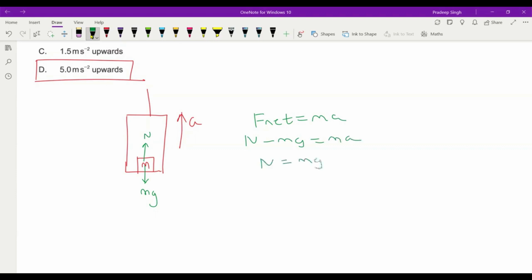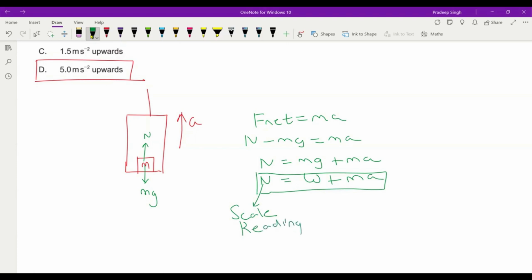So N will be mg plus ma, which is equal to weight plus ma. This means N is the scale reading. So you can see the scale reading is always greater than the actual weight if the elevator is accelerating up.